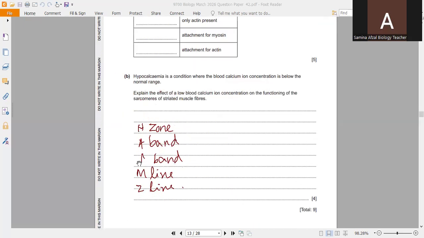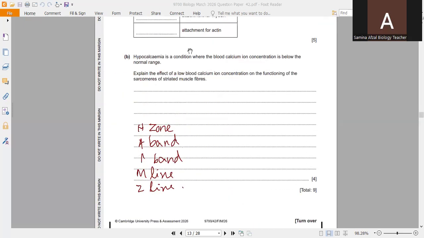Next is part B. Hypocalcemia is a condition where the blood calcium ion concentration is below the normal range.